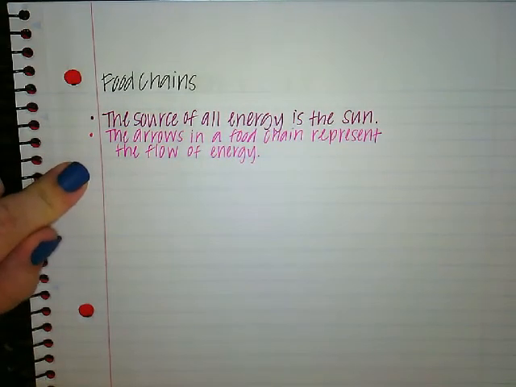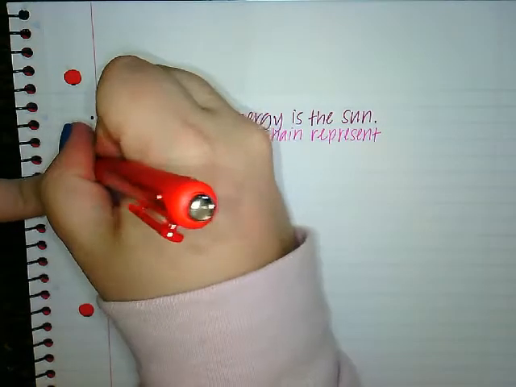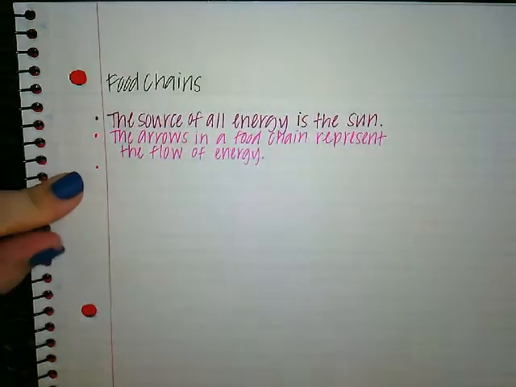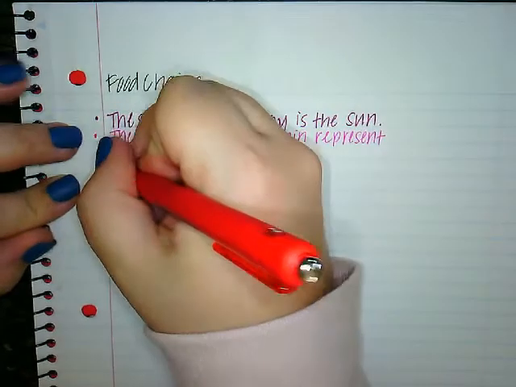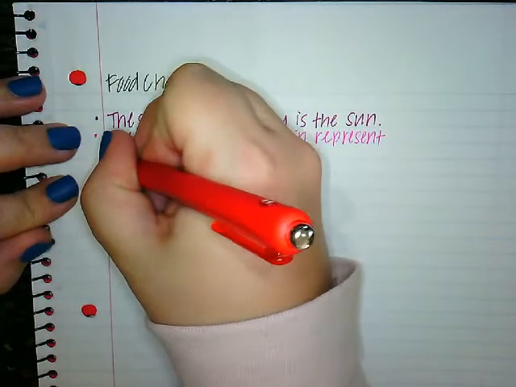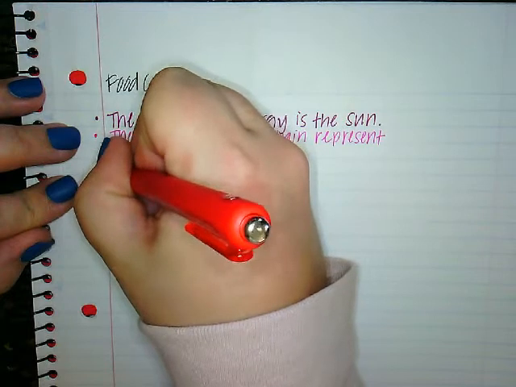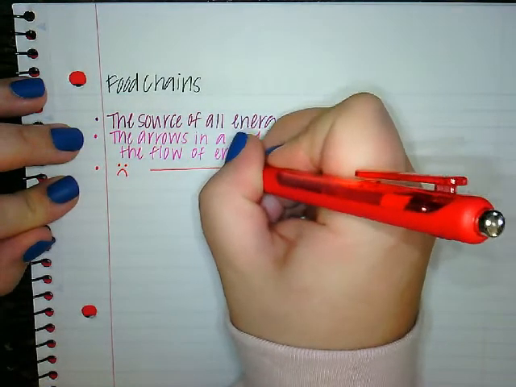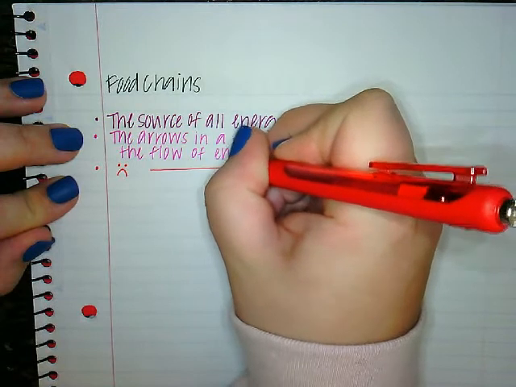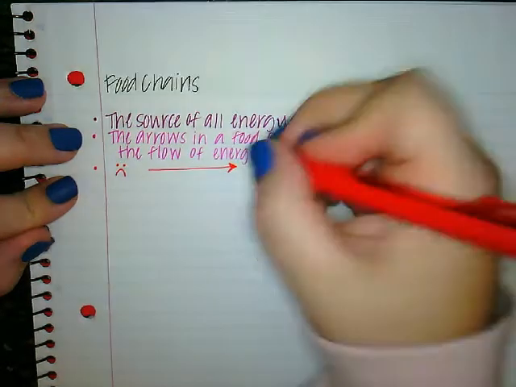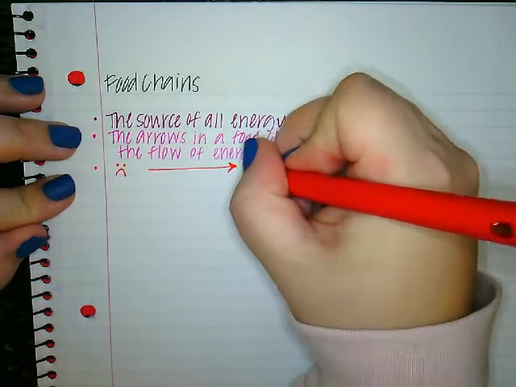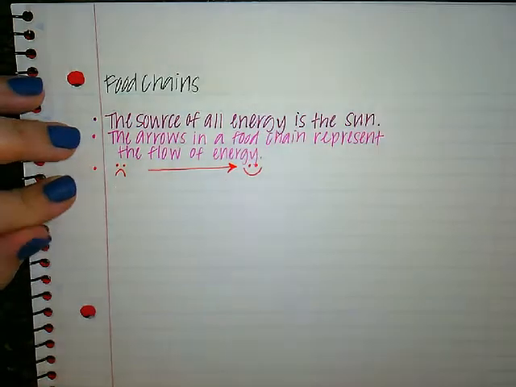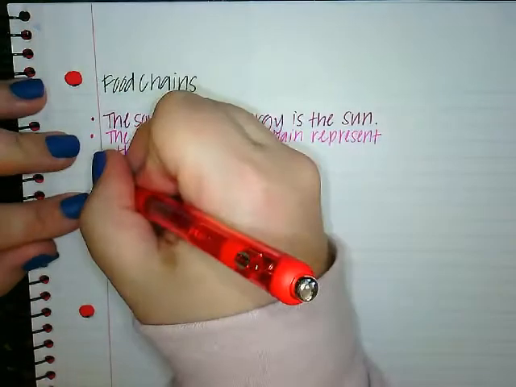Okay, and to take that just one step further, to make it make a little bit more sense, we're going to draw a little graphic here. So I'm going to put a sad face, and then an arrow pointing away from the sad face. And then I'm going to draw a happy face.